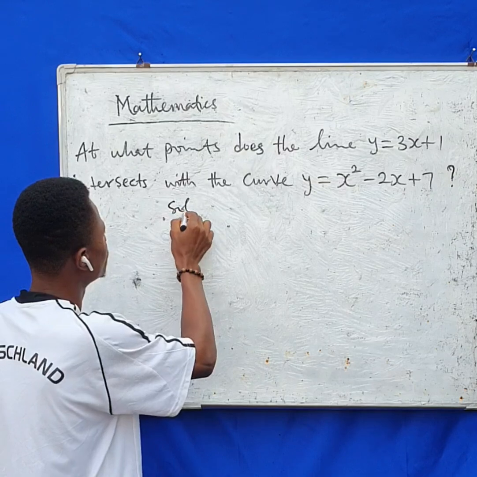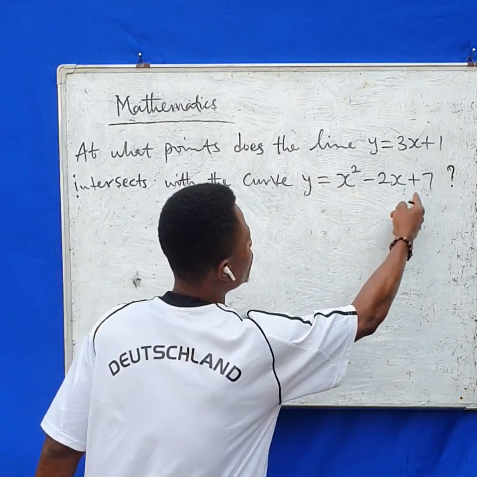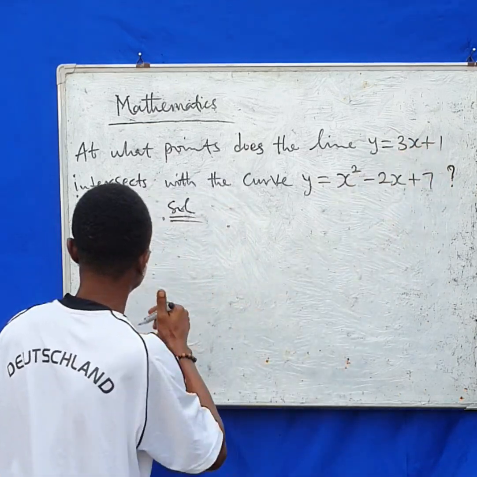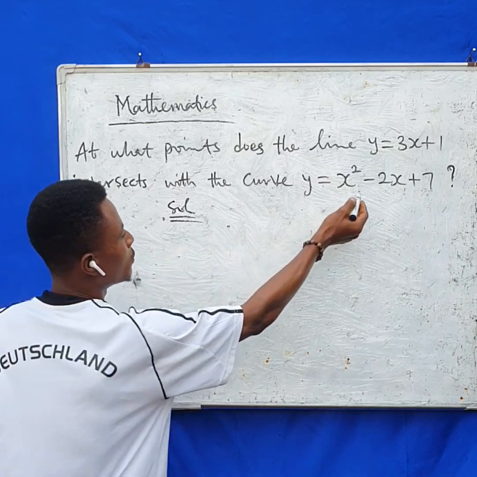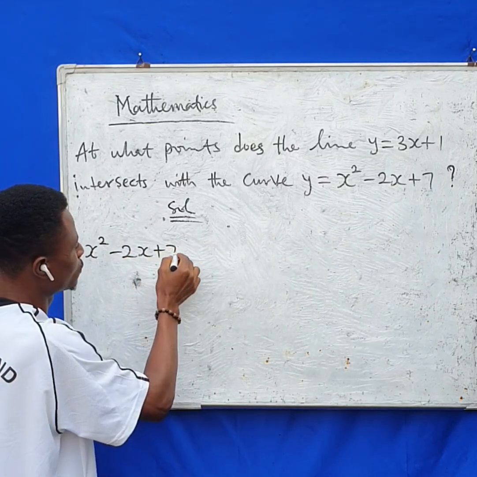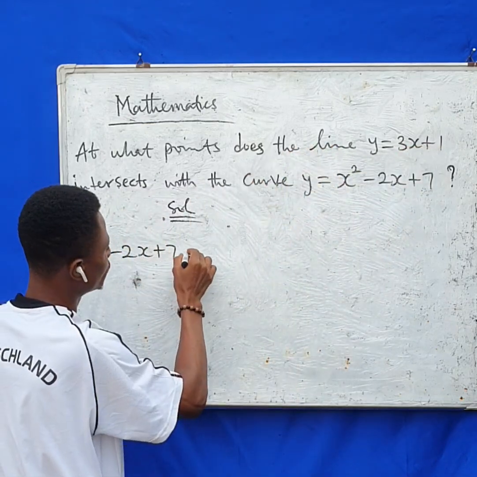Here is the solution. The first thing you need to do is to equate this part of this equation to this one. So we are going to have x squared minus 2x plus 7, equated to this first equation.